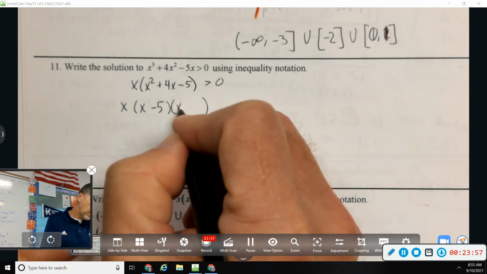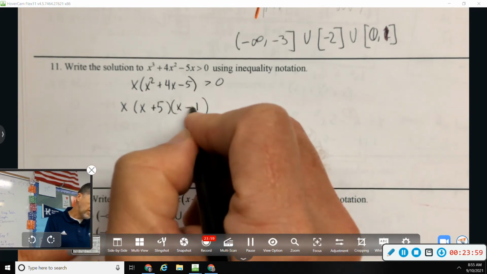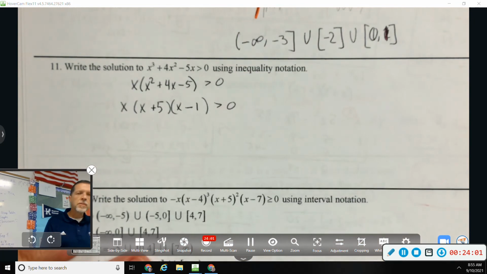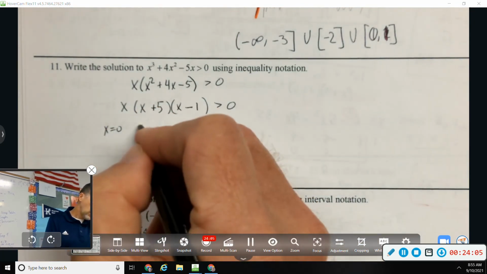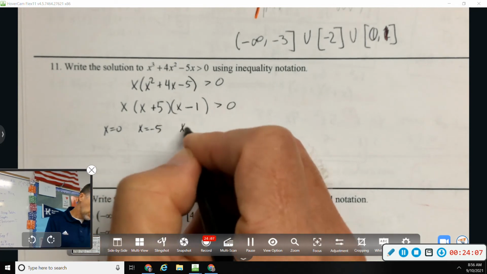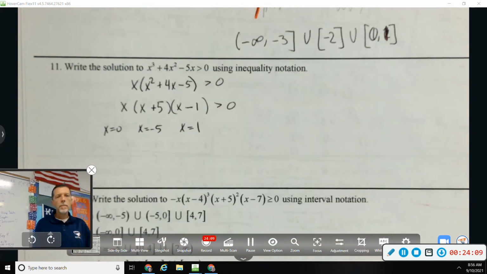Let's see, this will be +5 and -1. So there's my zeros. Sorry, I did that quick. I feel like we've done that a bunch. We factored, found the zeros. Now let's put those zeros on a graph.